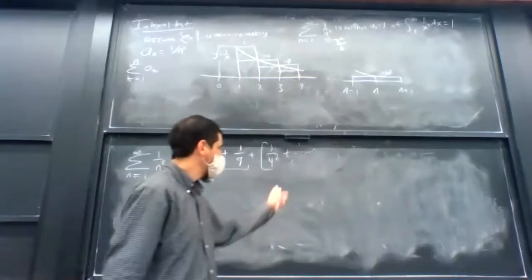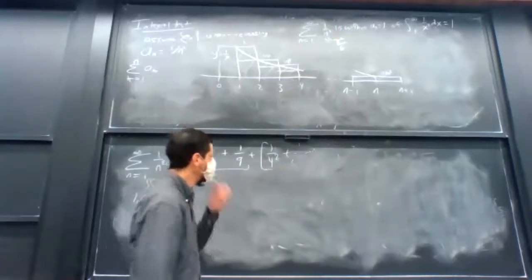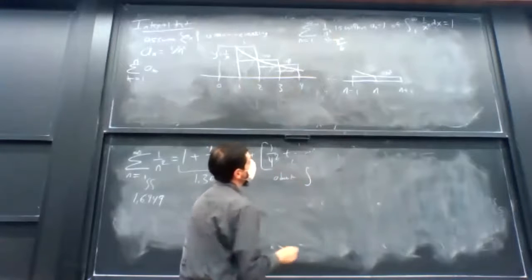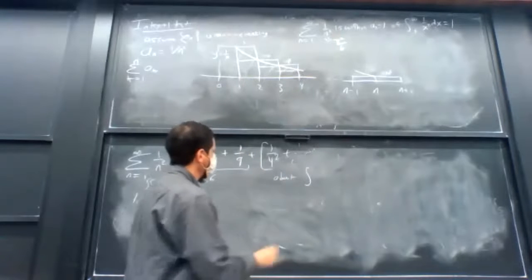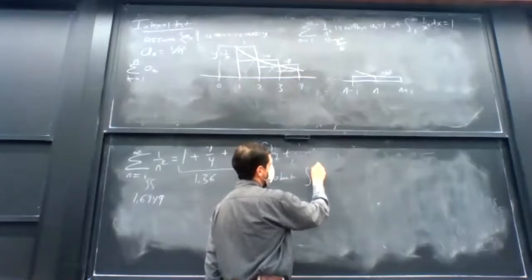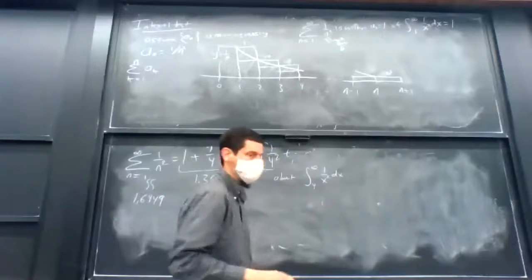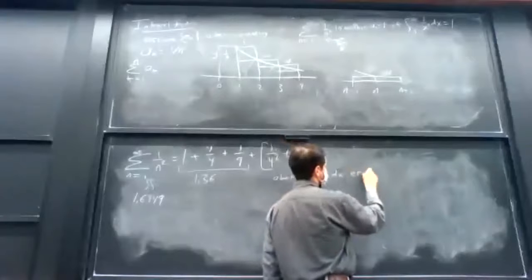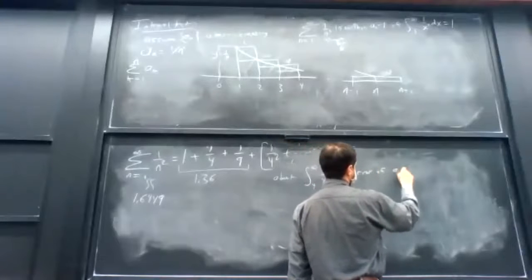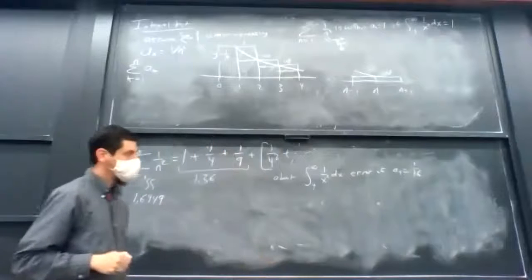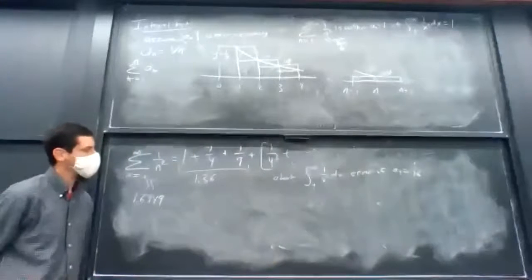And now, if we add from 1/16 onward, this is about the integral from 4 to infinity of 1 over x squared dx with an error of a4, which is 1/16. What is the integral of 1 over x squared?